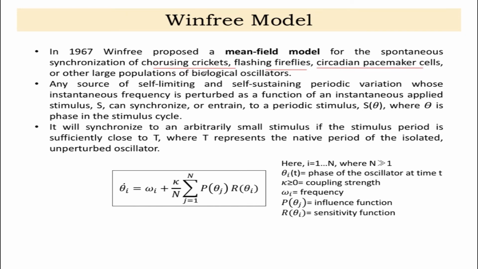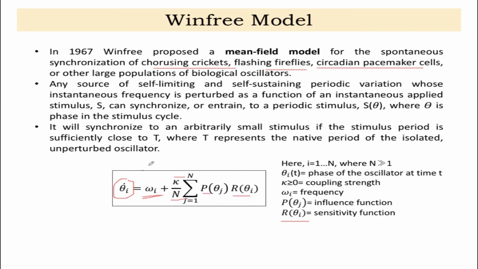To explain these, one can do it with respect to the phases of each individual oscillator. In the first order relationship of the phase, the rate of change of phase will depend on one frequency, which is the natural frequency of that system, along with some constants: the influence function, for example P, the total number of oscillators, the coupling strength between the two neurons, and also the sensitivity function.